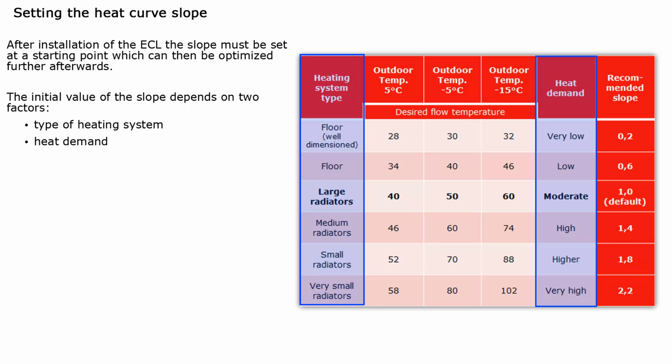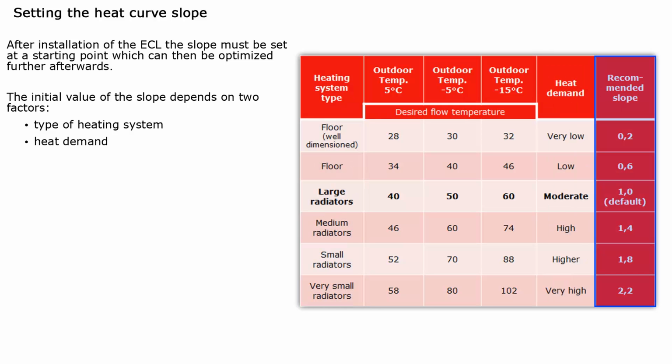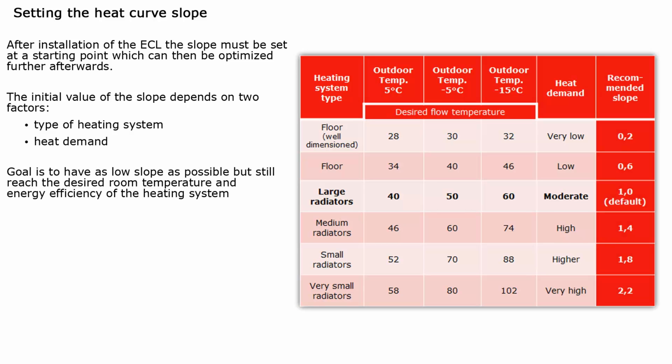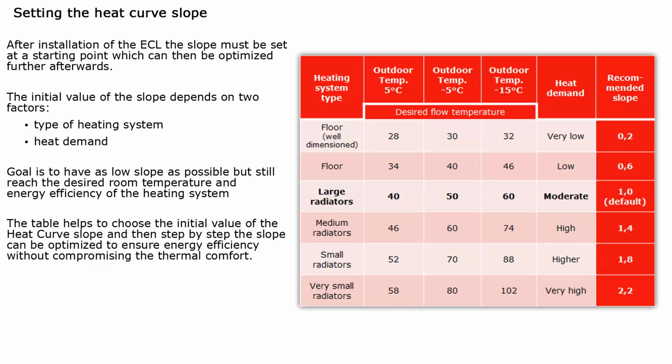These factors are to be taken into account when deciding on the starting value for the heat curve slope. The goal is to have as low a slope as possible, but still reach the desired room temperature and energy efficiency of the heating system. The table presented helps to choose the initial value of the heat curve slope, and then step by step, the slope can be optimized to ensure energy efficiency without compromising the thermal comfort.